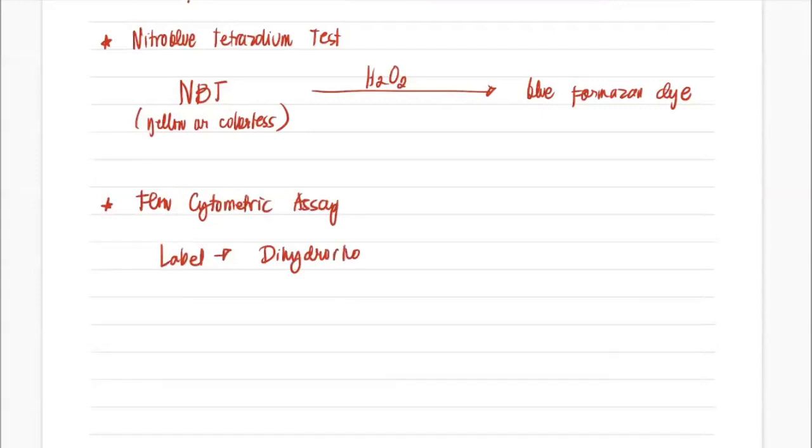Okay, dihydrorhodamine. And of course, we have to activate the neutrophils. So how do we do that? Yung ating activator, okay? Our activator is 4-ball.